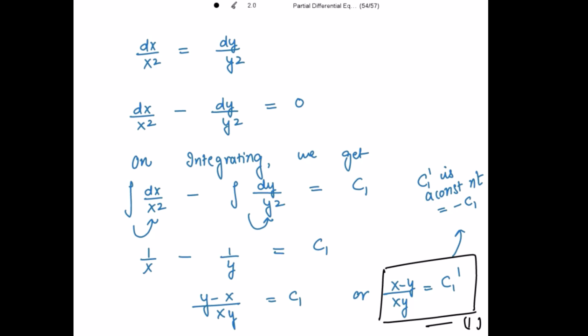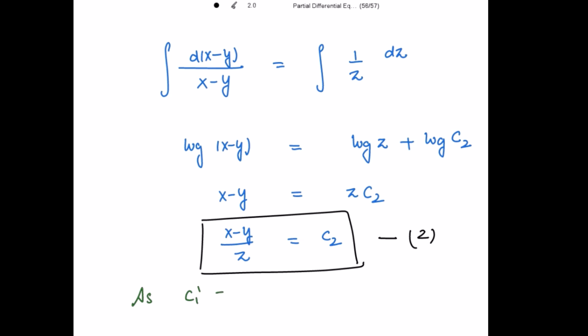Let's merge the value of the second solution into the first one. As c1 dash is (x minus y) divided by xy, I can use the value of x minus y from c2. x minus y is z into c2. So it is z into c2 divided by xy. Taking this c2 to the denominator of c1 dash, I will be getting c1 dash divided by c2 equal to z divided by xy.